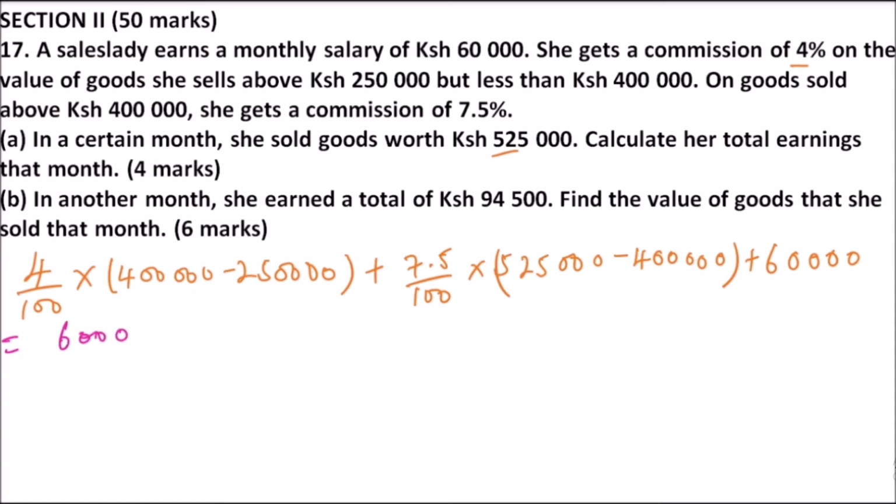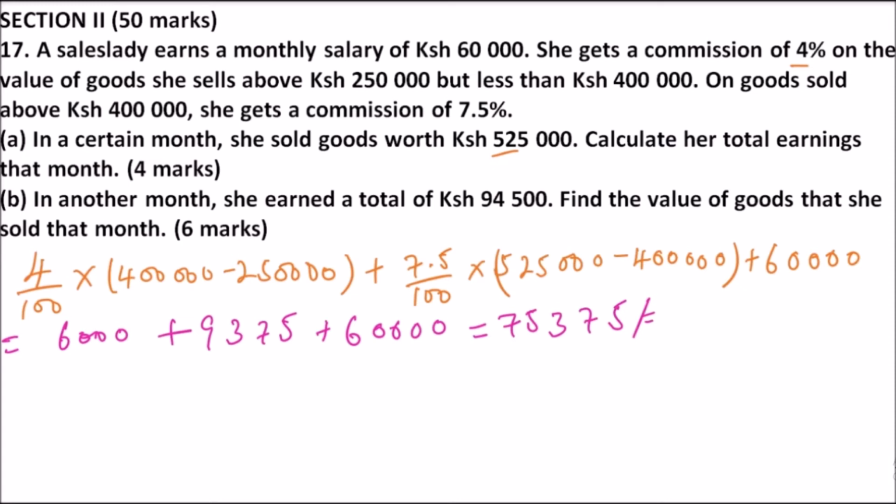Then here you get 9,375, and finally you add the salary of 60,000, which will give you a total of 75,375 Kenyan shillings. So that is what she earned that month.